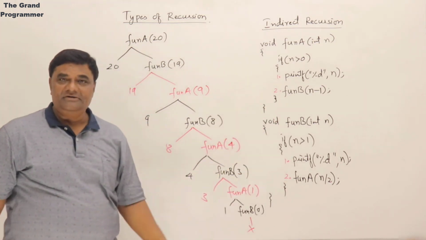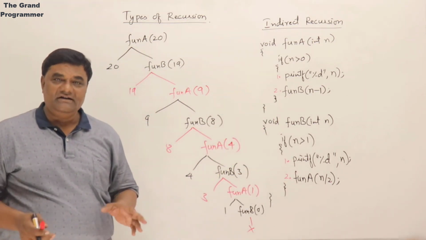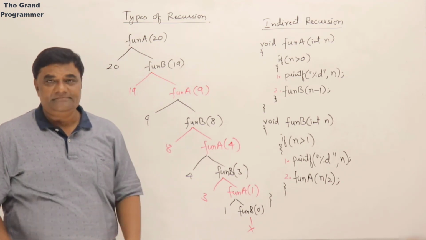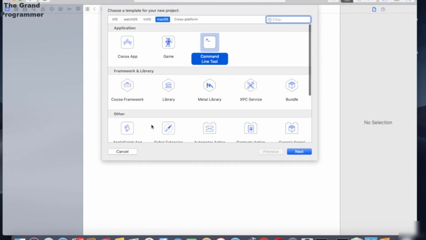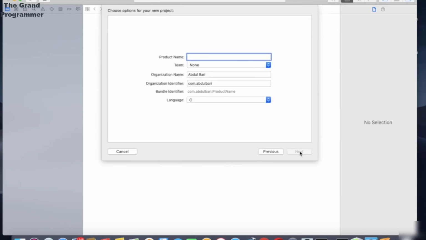I have just taken a sample program to demonstrate how indirect recursion works and what it means. Now in this video we will write a program for the indirect recursion that we have already discussed in the previous video. So we will have a demonstration of that indirect recursion. I will create a project, but this time I'll give the project name as recursion.